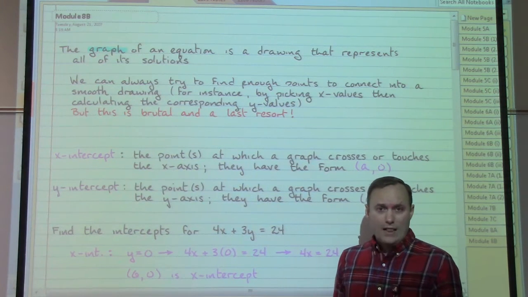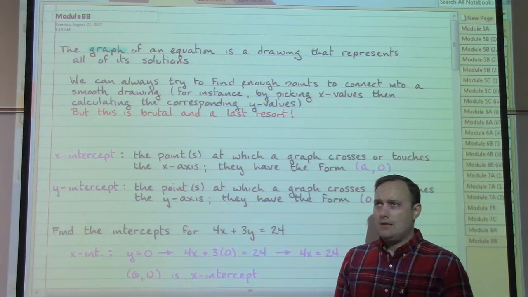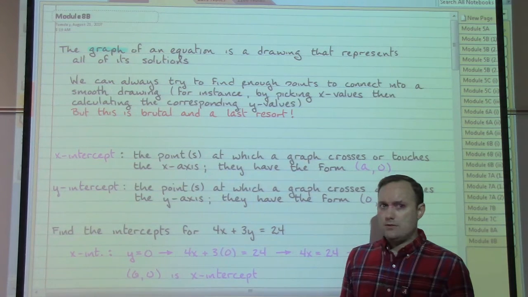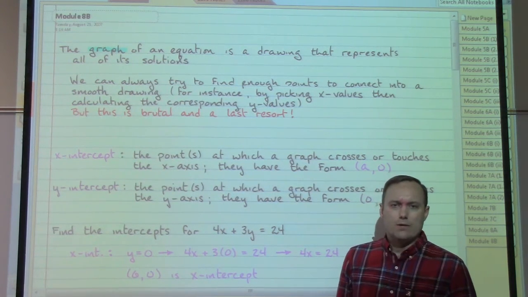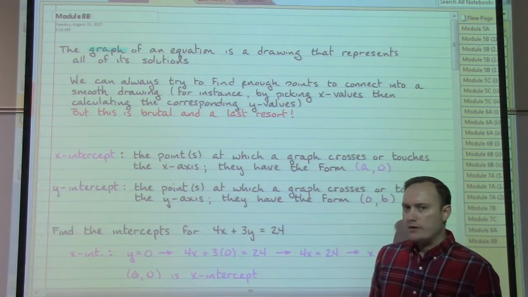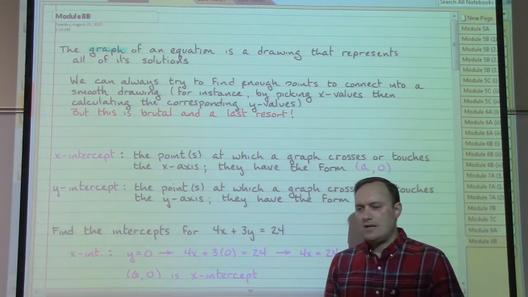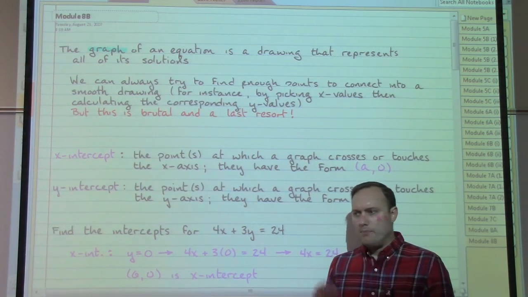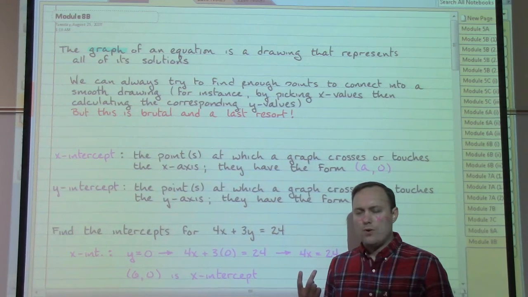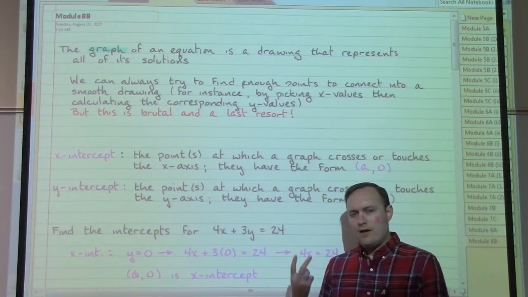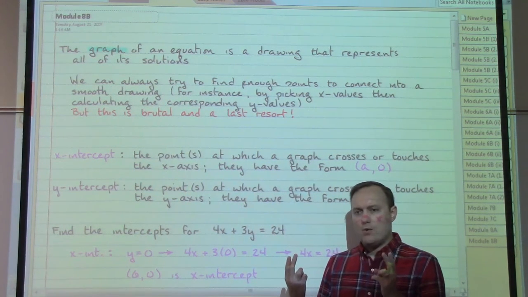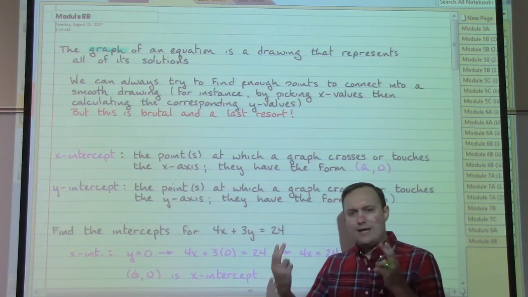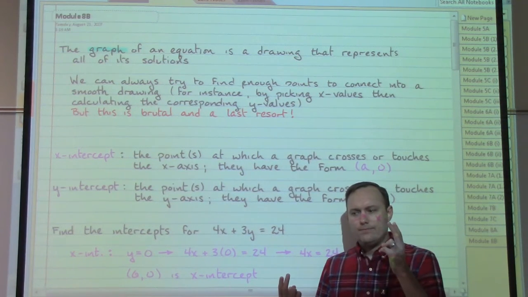You could say we have a more elegant way of doing things, and largely it is less time consuming. The other alternative would be going back to that very basic idea of trying to find a pair of numbers that make our equation true, then eventually finding another pair of numbers that make our equation true, so that I can now play connect the dots.